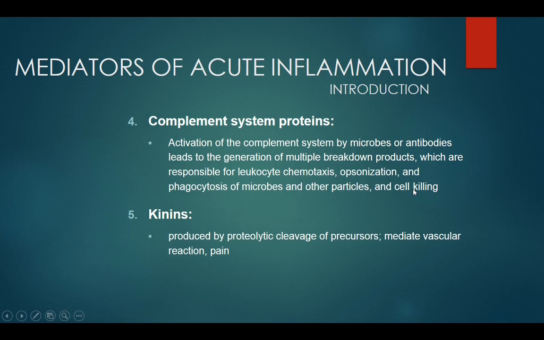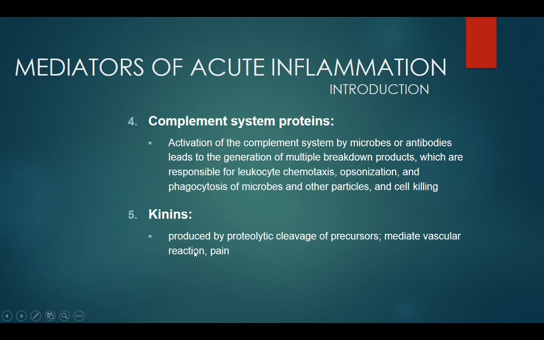Complement proteins are present in our body, in our vessels, and they need something to react with. Immunoglobulins like IgM and IgG are responsible for activating the complement system. When activated, they act synergistically and help in the killing of the organisms.